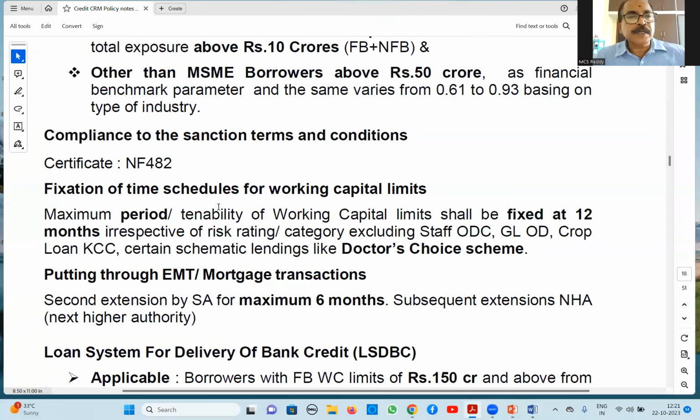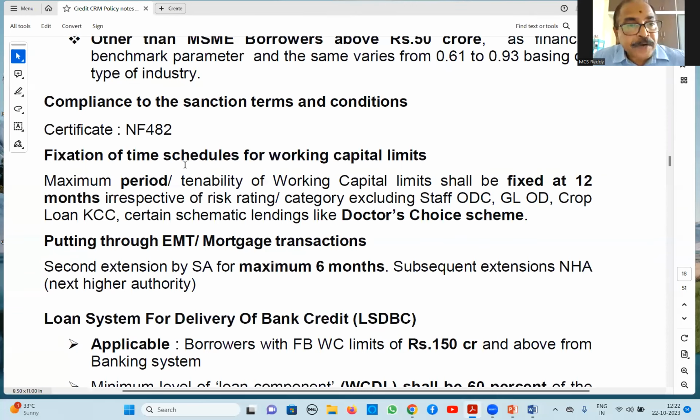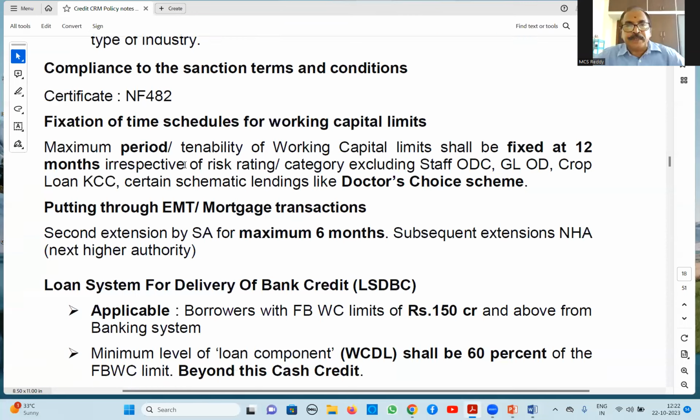Next, compliance of terms and sanctions. Normally we mention it in NF 482, it is a common guideline. Next, fixation of time schedule for working capital limits. Earlier, for working capital limits, we used to say 12 months, 18 months, and 24 months for SME like that. But now the bank has given a uniform guideline that the maximum period of working capital is fixed at 12 months only.